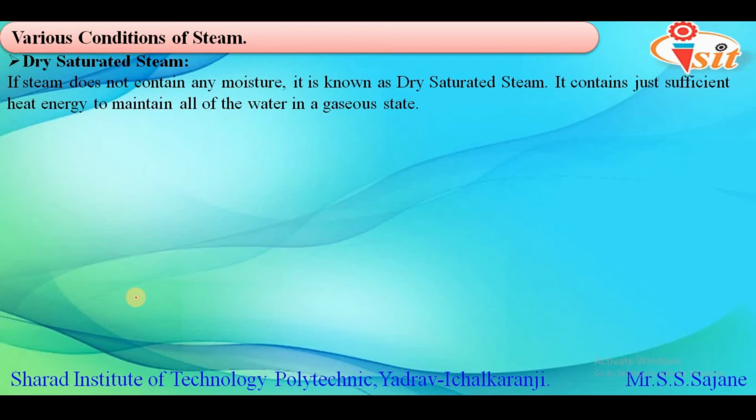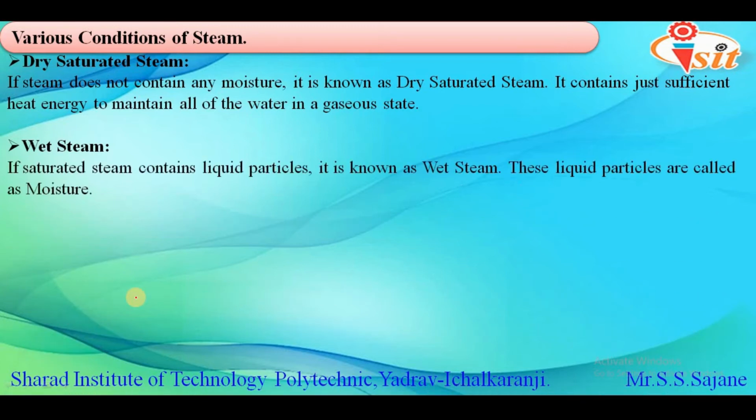Now we will see the meaning of wet steam. If the saturated steam contains a certain amount of liquid particles in it, then we call it wet steam. These liquid particles are generally called moisture. So if the steam contains some moisture content, or certain liquid particles, then we call it wet steam.